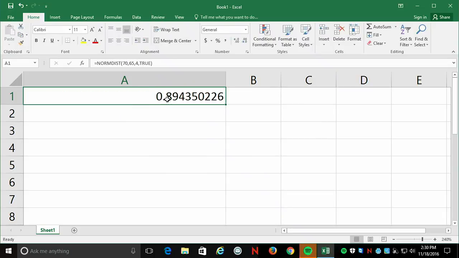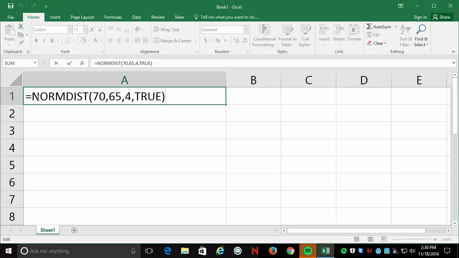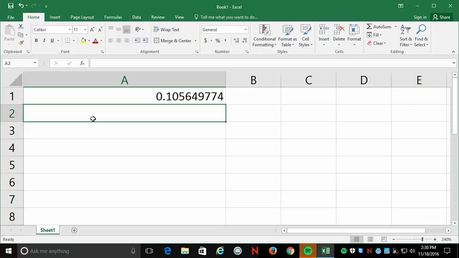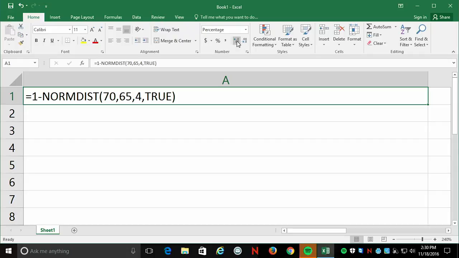But you see it gave me 89.4. Remember, that's giving me less than 70. I want greater than 70. So I'm going to type 1 minus that, and I get 10.56%, which is exactly the value that we got when we did it by hand. Let's look at that formula again: 1 minus NORM.DIST, 70, 65, 4, and true.